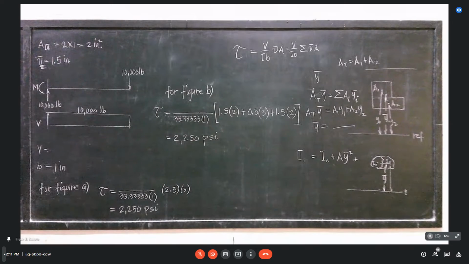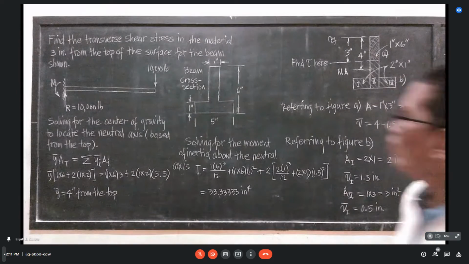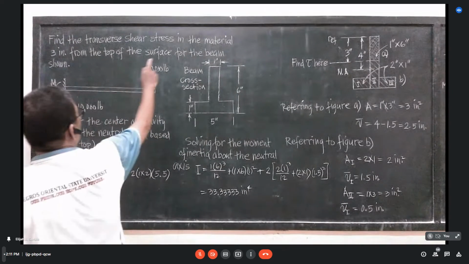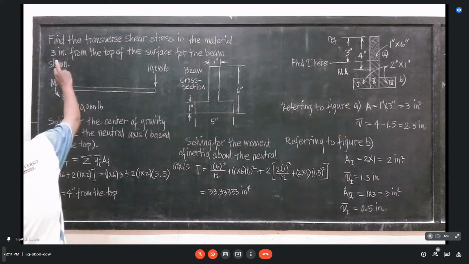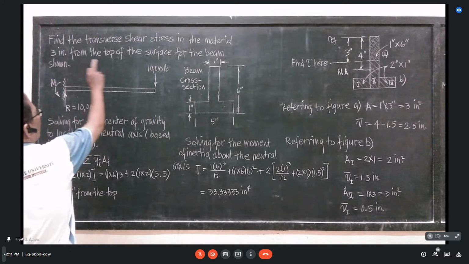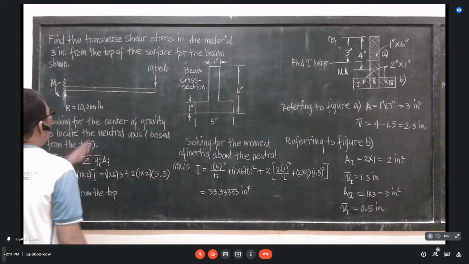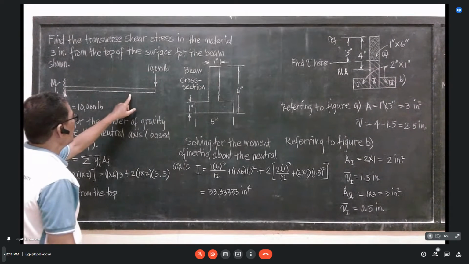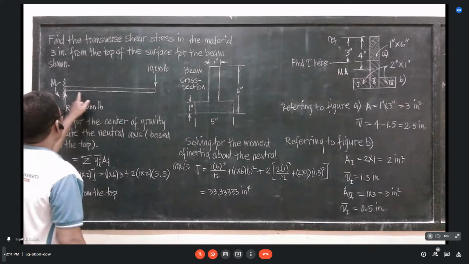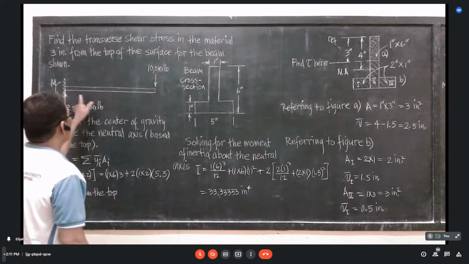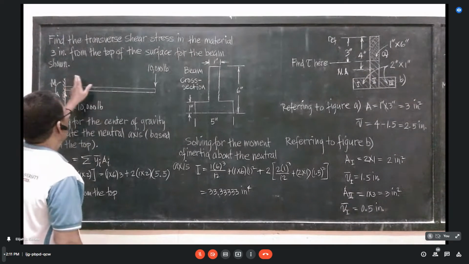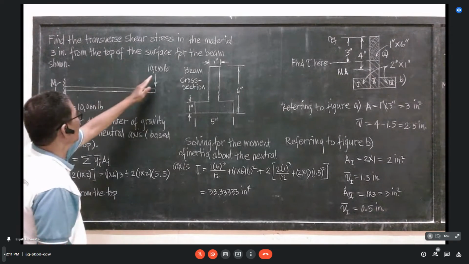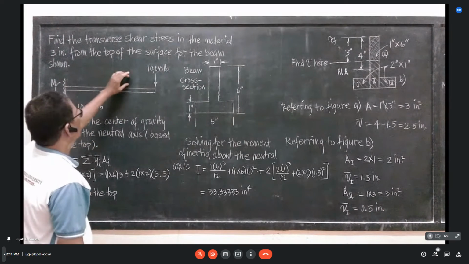Niingon siya, find the transverse shear stress in the material 3 inches from the top of the surface. Pero which part of the beam? And it does not matter because the shape of your shear diagram is the same value of shear.